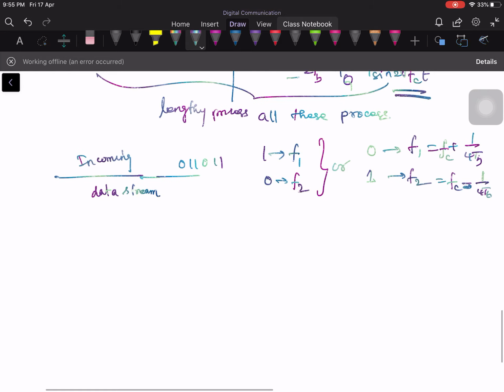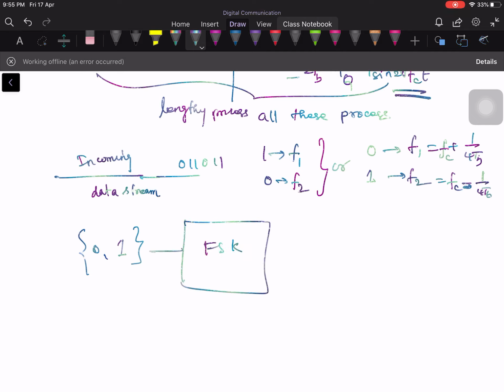So I have a sequence of pulses 0 and 1, which is given to the FSK modulator. What is the FSK modulator doing? It maps 0 to one frequency, F1, and 1 to another frequency, F2.